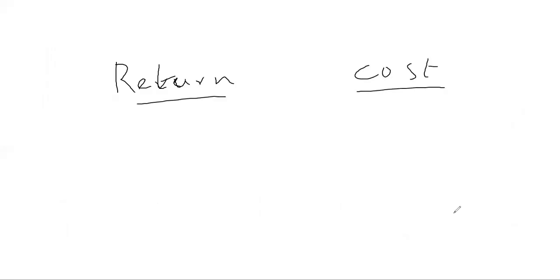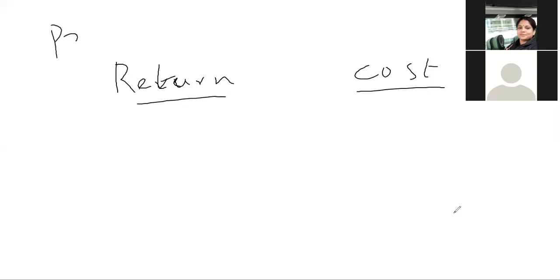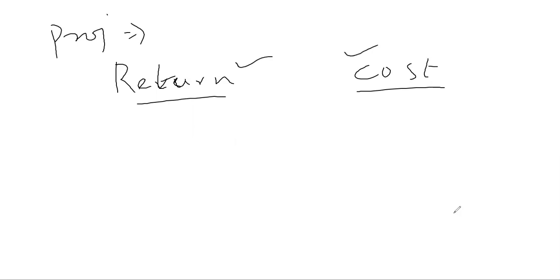So before we start, let me tell you, suppose you are calculating, revenue is there. Revenue means, let me write, return, and cost is there. Suppose you have a project where you have details about return and cost. Where will you take a positive sign, and where a negative sign?